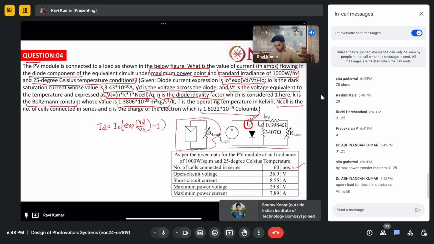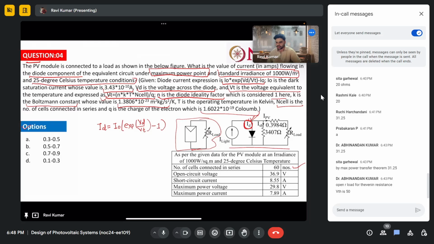I am just giving you the options. These are the options. Calculate it and let me know. Simply put the values in this formula. I naught is given, VT is given, VD you calculate. First calculate this VD, then calculate ID. It is a 2-step problem.